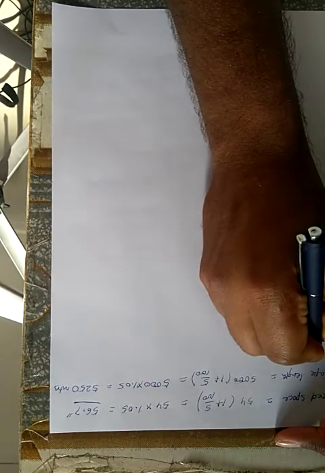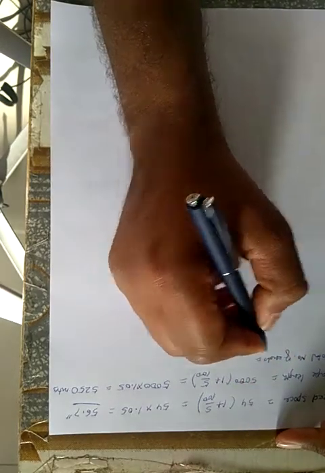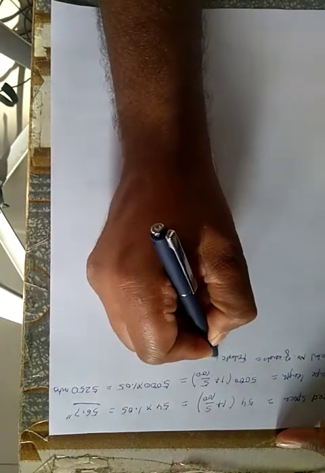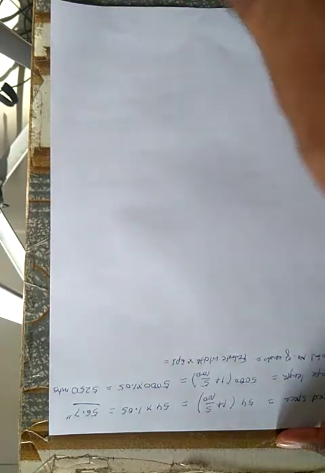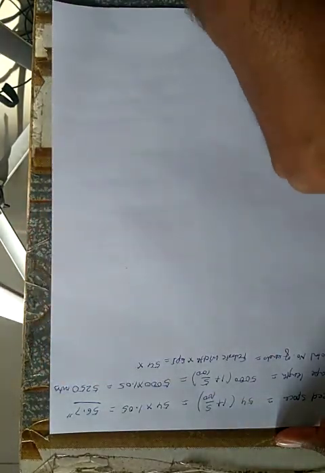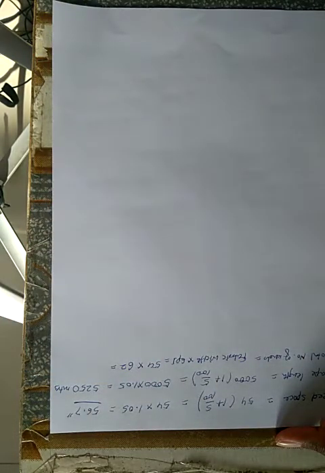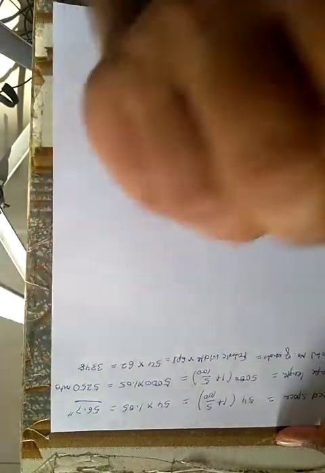Now the total number of ends: fabric width multiplied by EPI, that is 54 multiplied by 62. So that is 3348 number of ends.